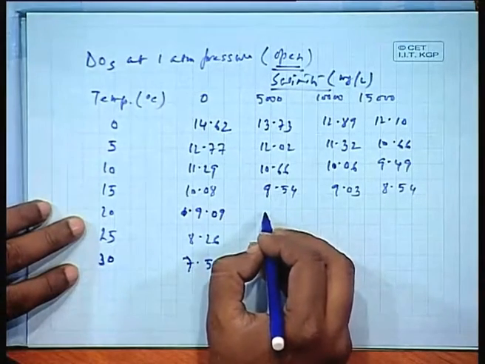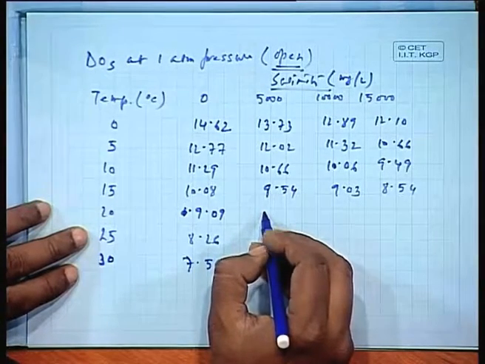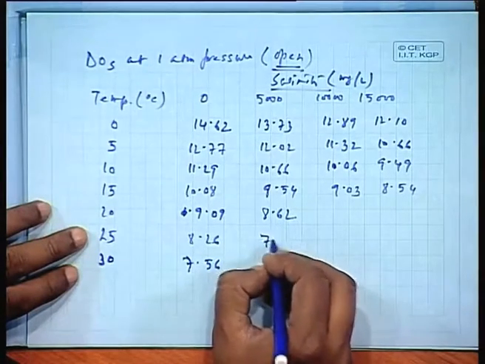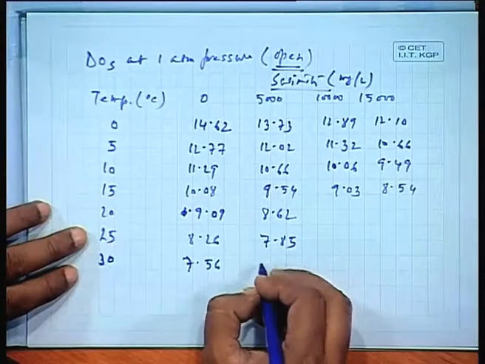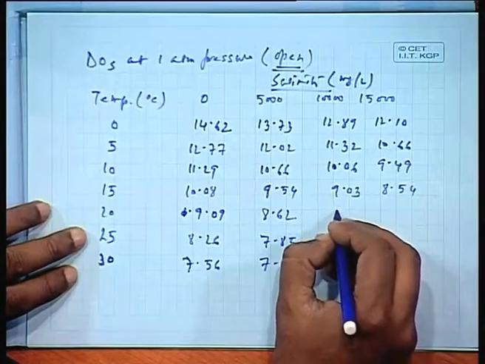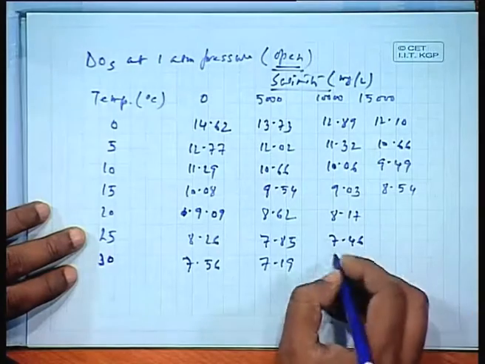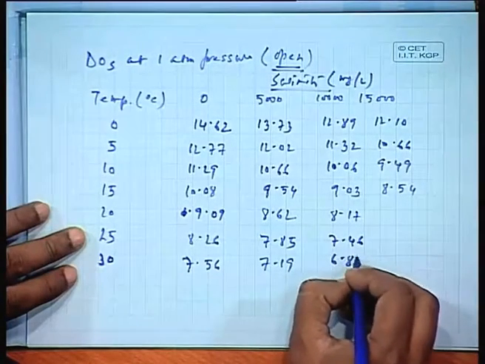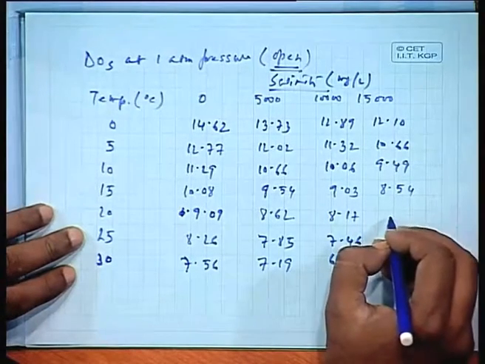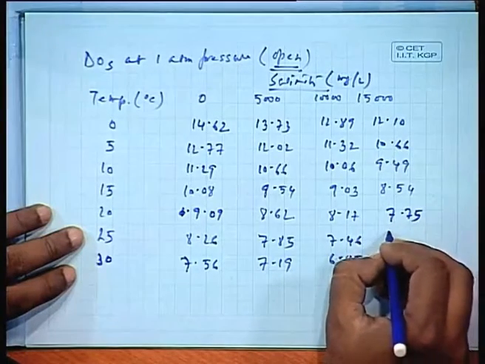You can see this one is 8.62, 7.85, 7.19. Then 8.17, 7.46, 6.85. And 7.75 is this value, 7.08.